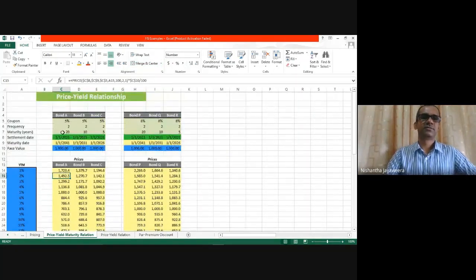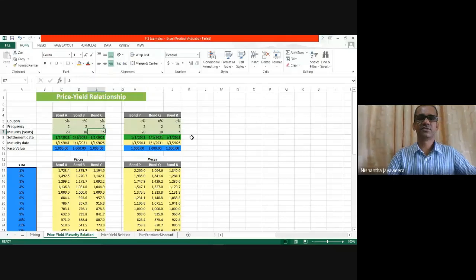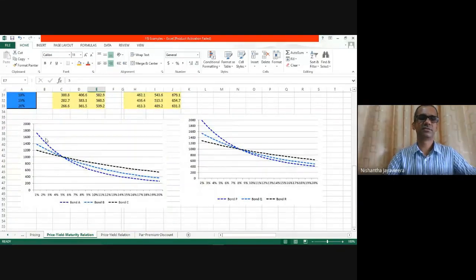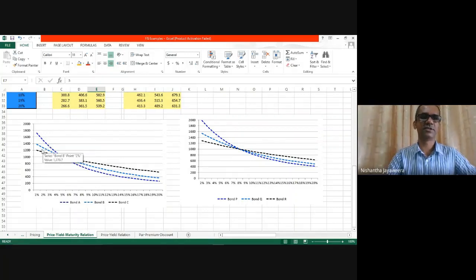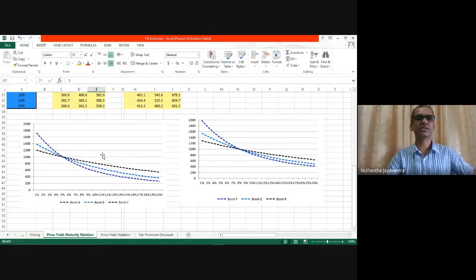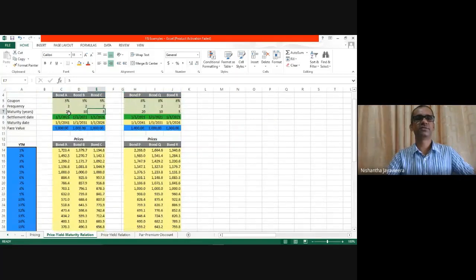For different maturities, you can see the same thing in this. The bond A, that's the shape of the relationship. You can see it's much more curvy than the other two. What's the difference between A, B, C bonds? Maturity. Bond A has a 20-year maturity, bond B has 10-year maturity, and bond C 5-year maturity.